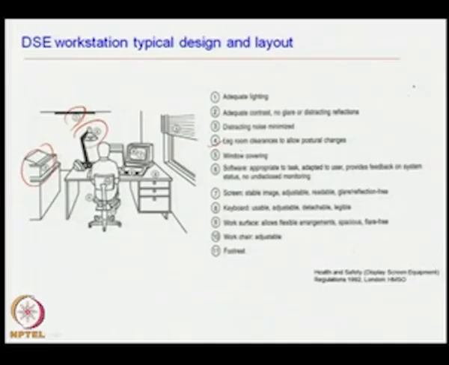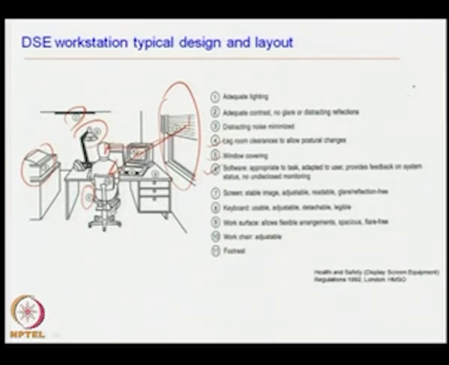Number 4 is leg room clearance to allow all these things, this region. Number 5 is window covering. Why is this window covering there? Because while seeing this computer, there may be some kind of glare effect on the eye. So, this blind and so on needs to be considered.